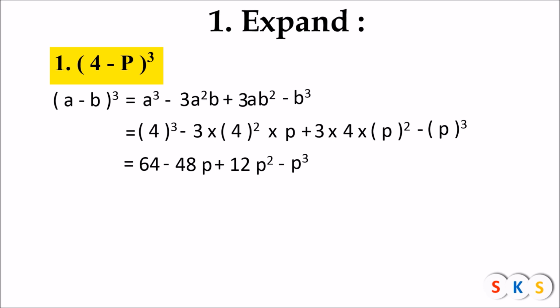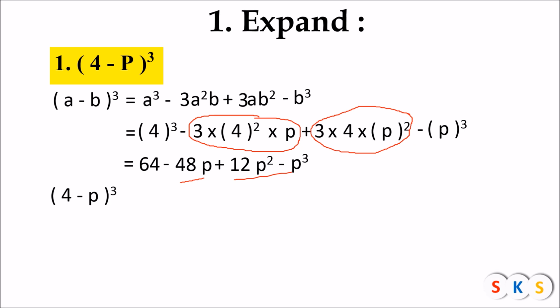So 4 minus p whole raised to 3 equals 64 minus 48p plus 12p square minus p raised to 3.